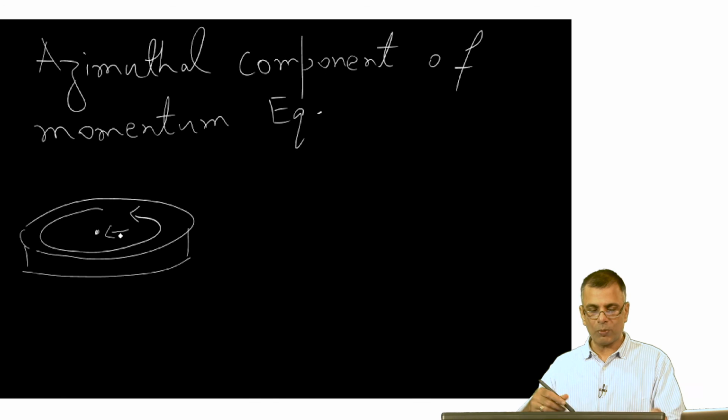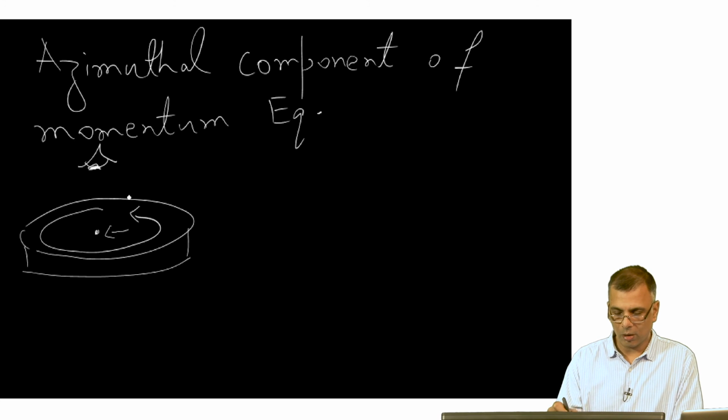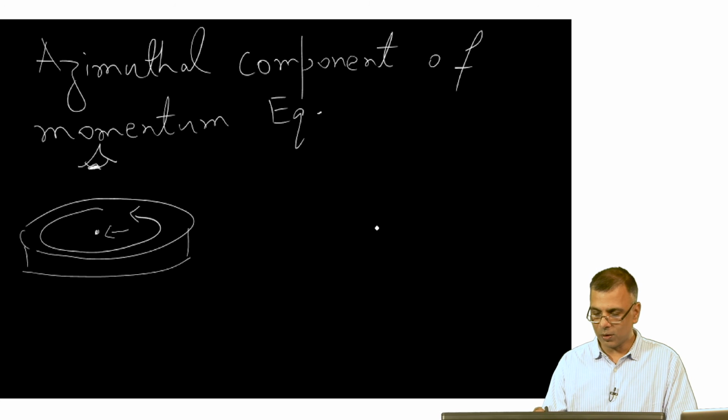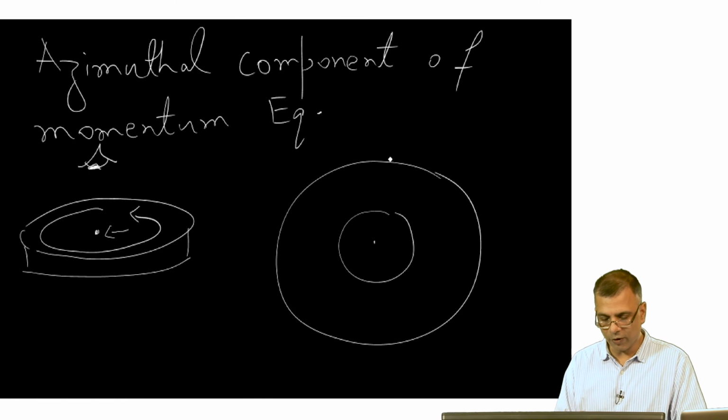Now suppose I looked at this accretion disk from the top. What would I see? I would see orbits like this. And what does V phi look like?